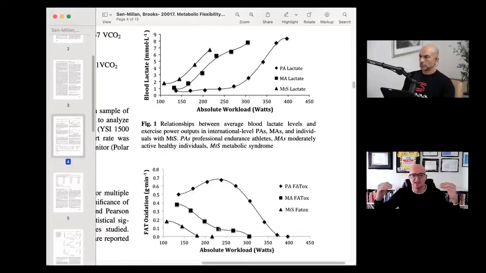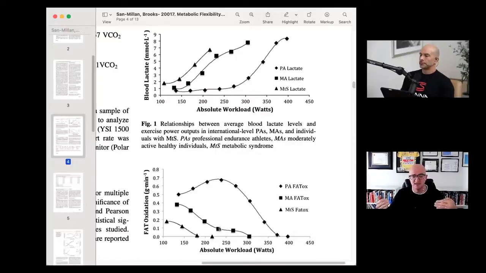So for example, 2 millimolar of lactate in these elite athletes might be a higher metabolic stress than 2 millimoles in a metabolic patient.